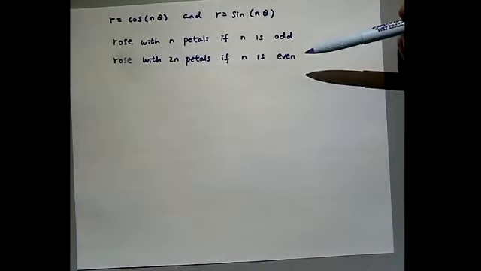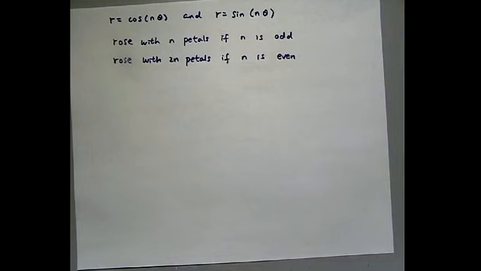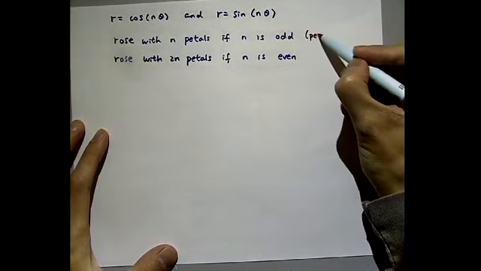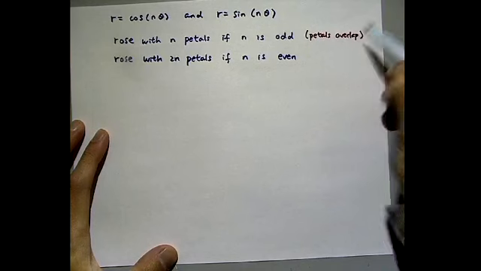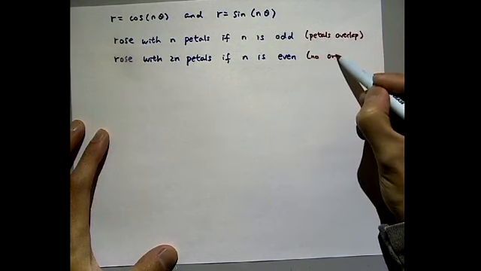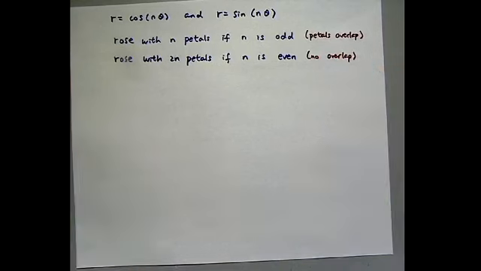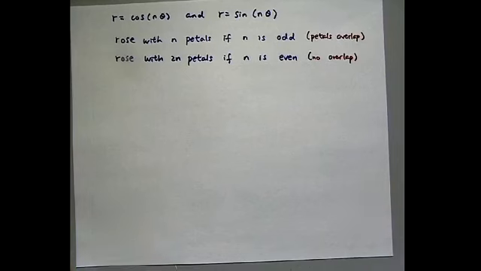But with even, they don't overlap. Right? So that's the reason why we see different number of petals. Once again, even with odd, there are 2n, but we only see n of them because they overlap.